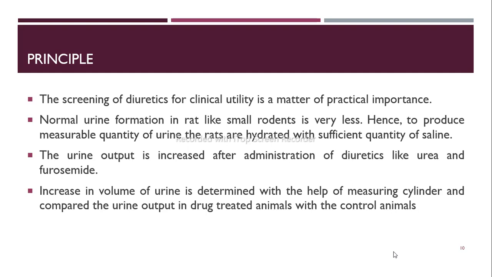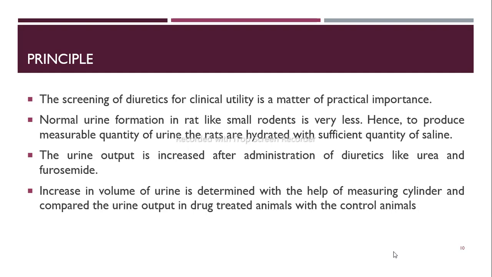Hence, to produce a measurable quantity of urine, the rats are hydrated with a sufficient quantity of saline. So we have to provide saline water before we actually start the experiment, because normal urine formation in rats is very less.